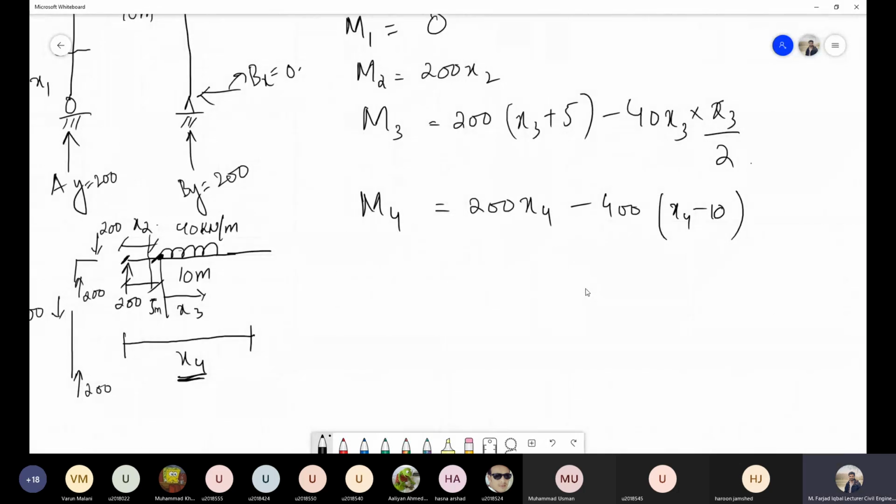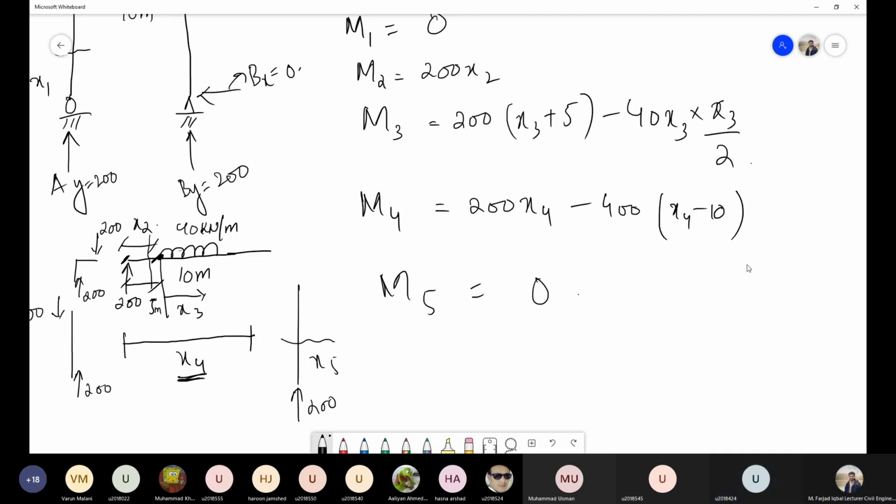So now, there is a fifth section as well. The fifth section is over here. There is a load of 200. This is x5. So what will be the moment equation for section 5? 0. So again, that will be 0.